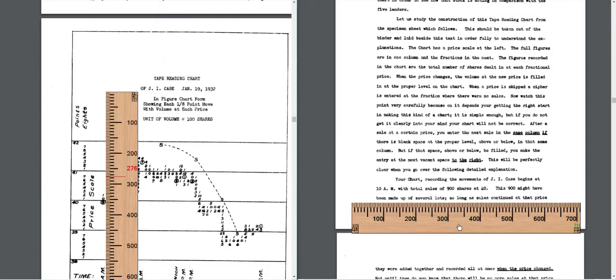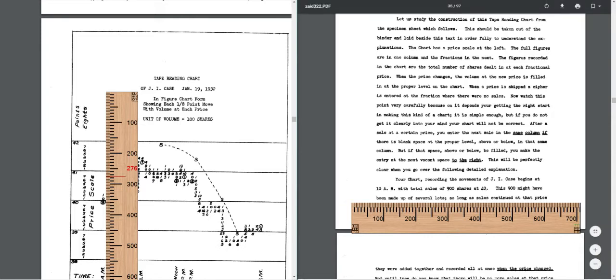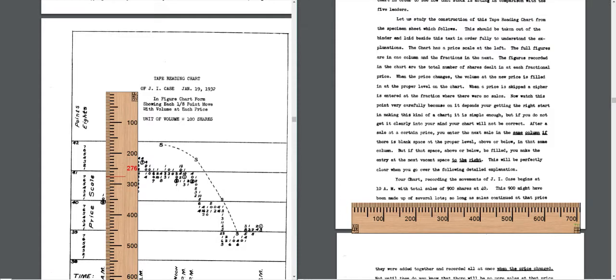This 900 might have been made up of single lots, doesn't matter, or one big lot, or 3 big lots, or 2 lots or 3 lots. We're not trying to quantify how many lots. We're just trying to quantify the quantity, meaning the total amount. Not whether there were big lots, little lots, anything like that.